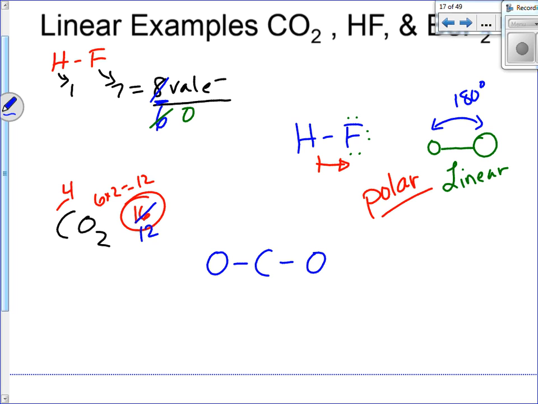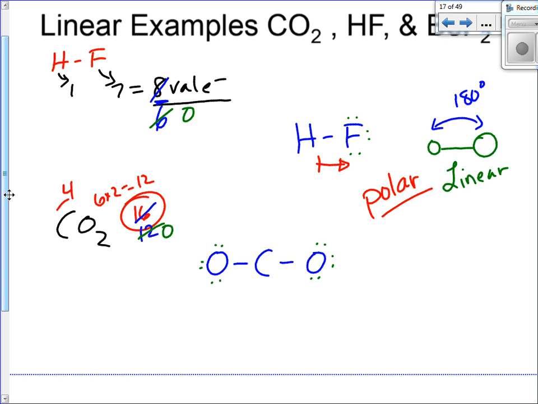Okay? So now that I've done that, I need to satisfy my ligands first before I go to my central atom. So 2, 4, 6, 8, 10, 12. Oh, they're all gone. I used them all. But there's a problem here. Carbon only has 4 electrons.